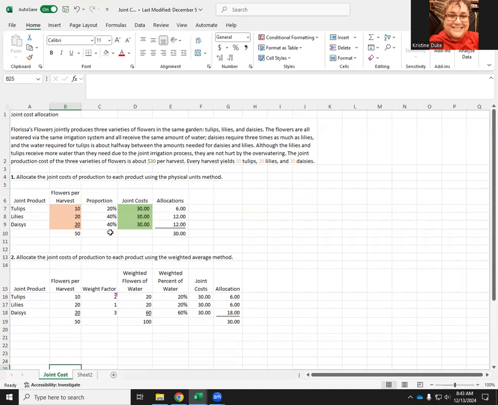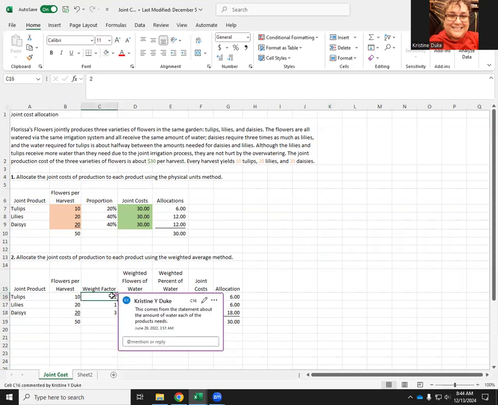So we can look at what the proportion is, and then you take that joint cost and allocate it out. Or we can make things complicated because sometimes we like to do that. What we're doing here is weighing a factor, and the factor is watering.